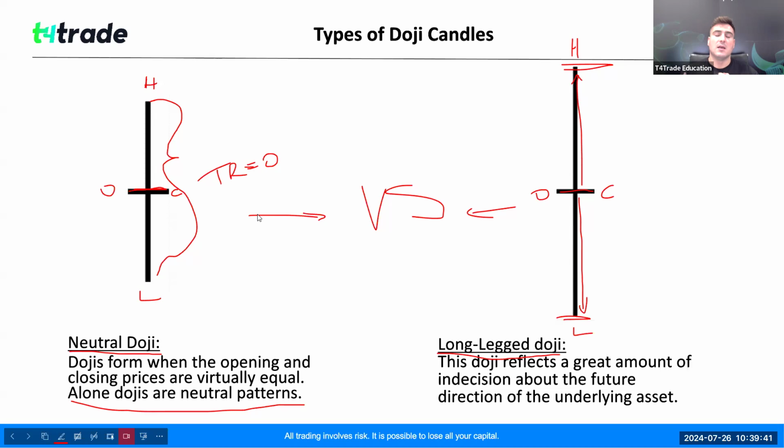What you can extrapolate from that is that there is a lot of volatility within the session. So the prices went way up in comparison to the other one, and they have gone way lower compared to that one again. But at the end of the day, they closed flat. Okay, this is what we call flat.